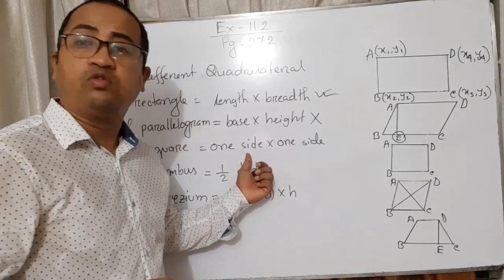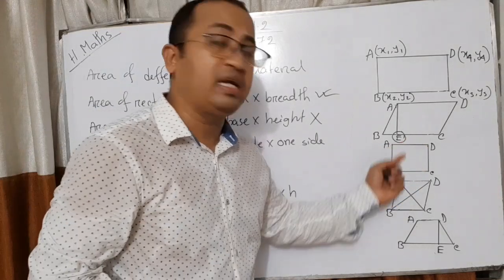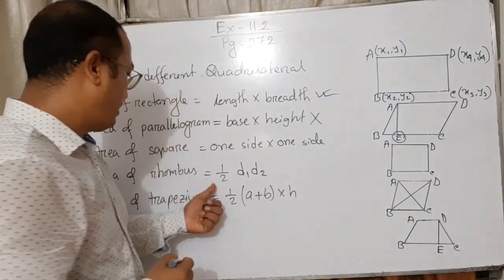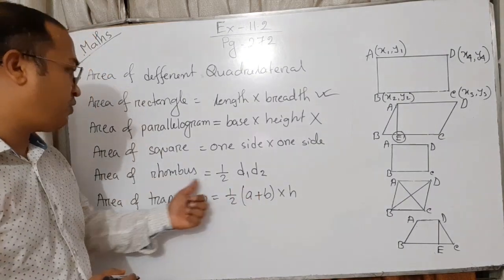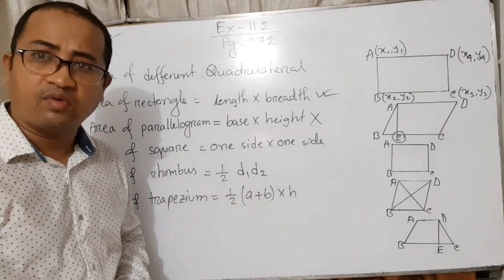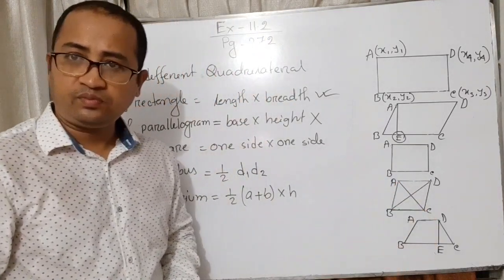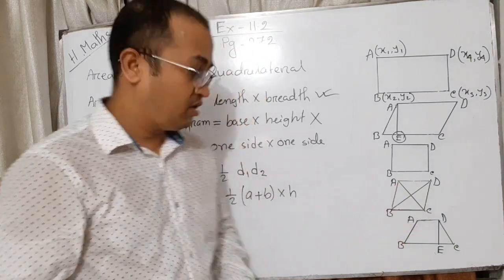Again, you can use the formula of the square because you can find any side by using the distance formula. Again, you can use the formula of the rhombus to find out its area, since you know how to find the lengths of AC and BD using the distance formula.